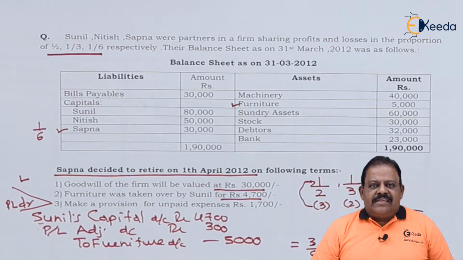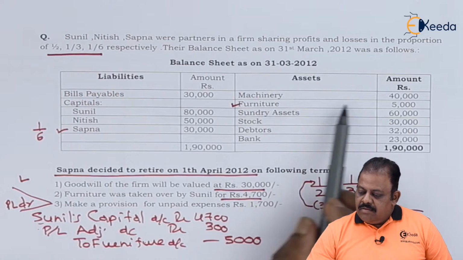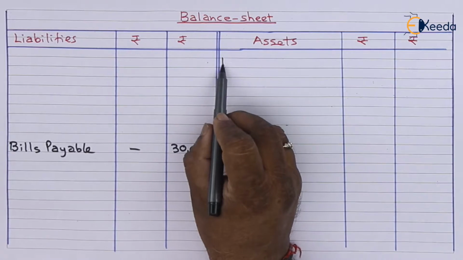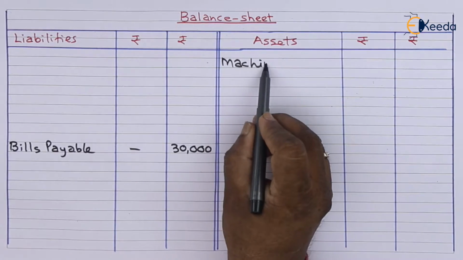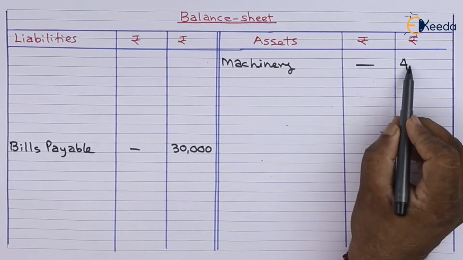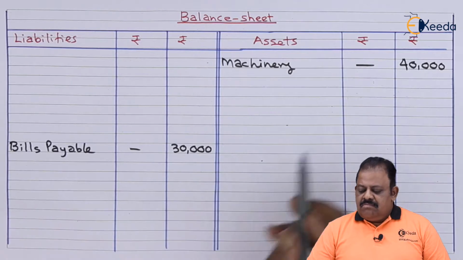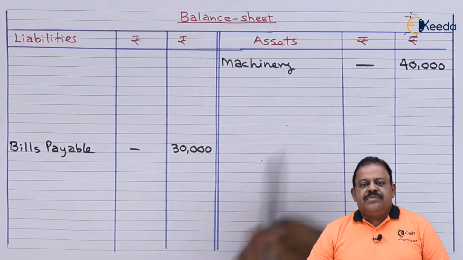Let us consider the asset side. Machinery 40,000. This will be transferred to the new balance sheet on asset side. There is no adjustment on machinery, outer column 40,000.